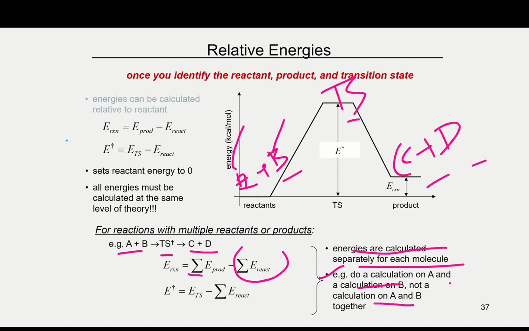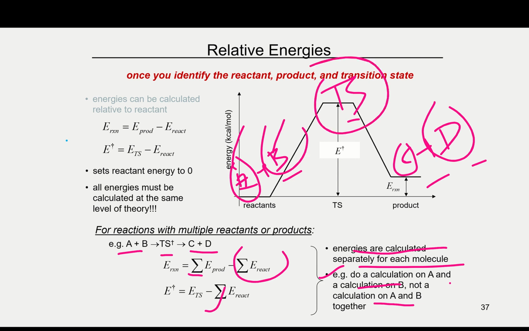The same is for the products C and D, and then take the summation of that. If the transition state is 1 but the reactants are more, you should do the same. First calculate A, then B, take the summation, and subtract it from the transition state energy, and you can get it. Okay.